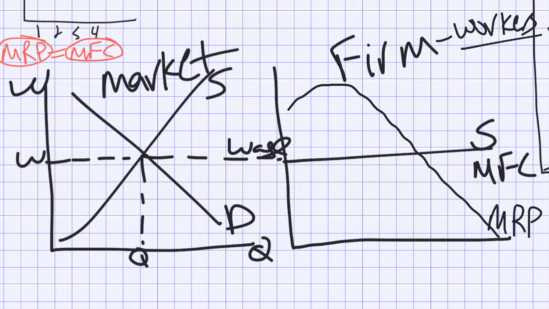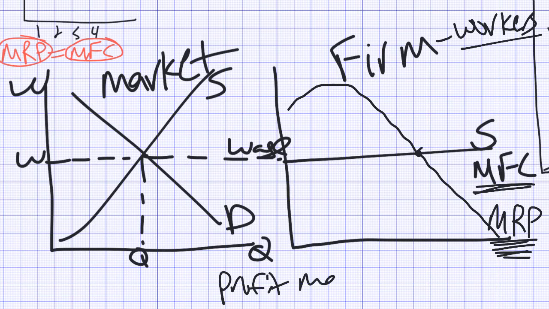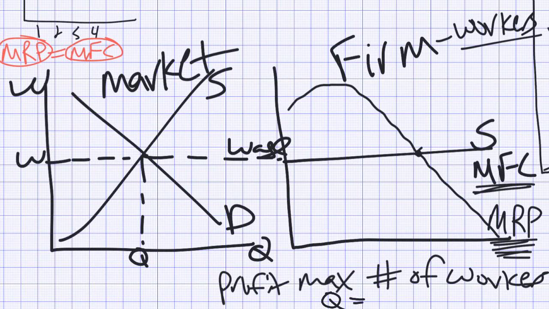And so if you've learned anything about micro, it's that you look where they intersect. And that's where the MFC equals the MRP. And we know that that is the profit max number of workers. We also know that those workers are going to produce a certain amount of output. So we know that this is going to be the quantity that is max profit as well.